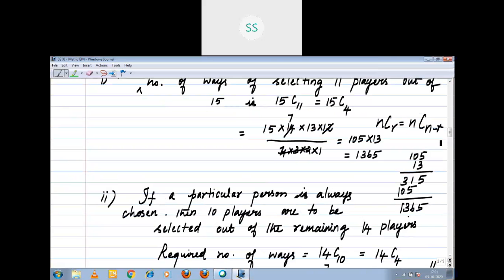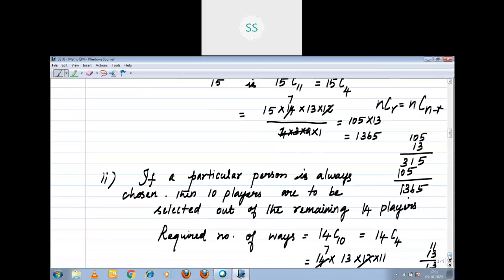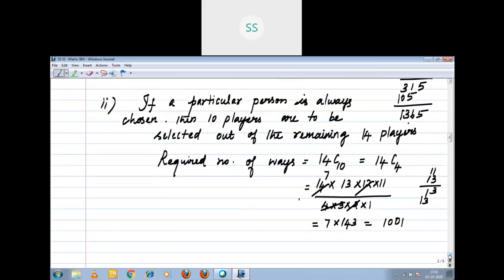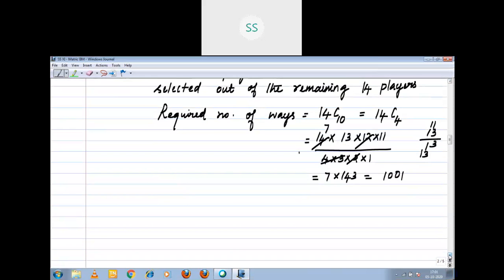Right. Now you see here, 1365. One person already is chosen always. That means 1001 ways.